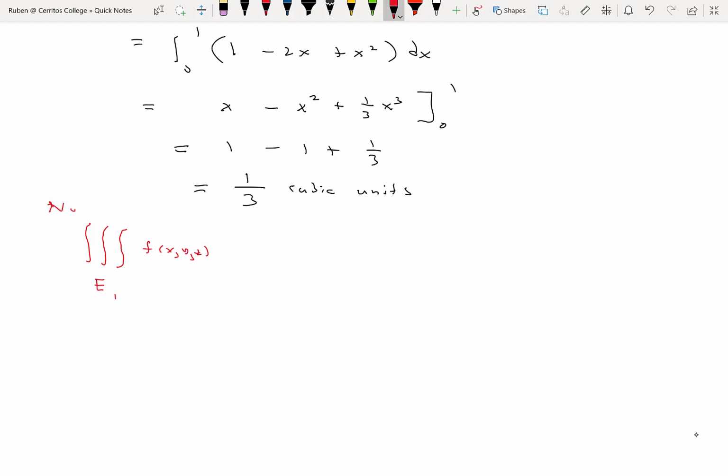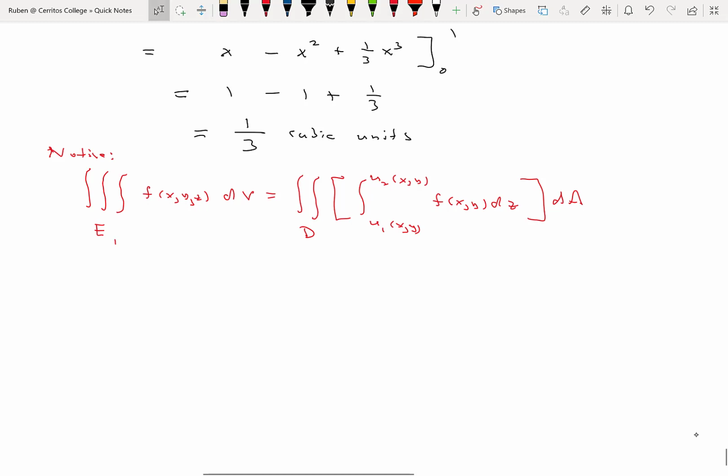Notice that the triple integral by our formula transforms into a double integral over D of the single integral from the lower function of x,y to the upper function of x,y of f of x,y,z dz, and then evaluate that result as a double integral.